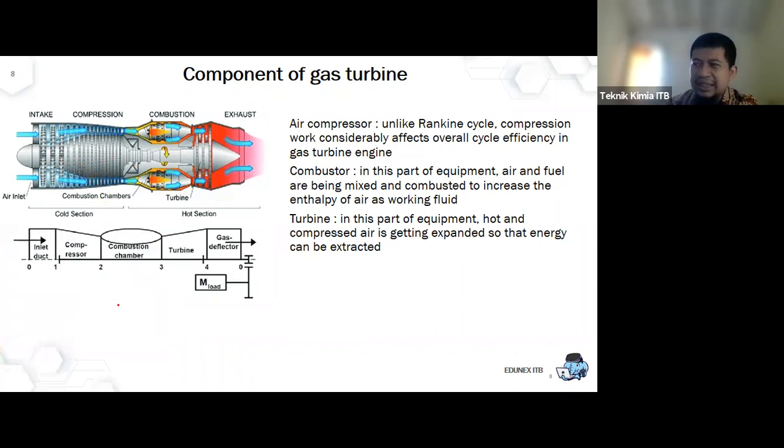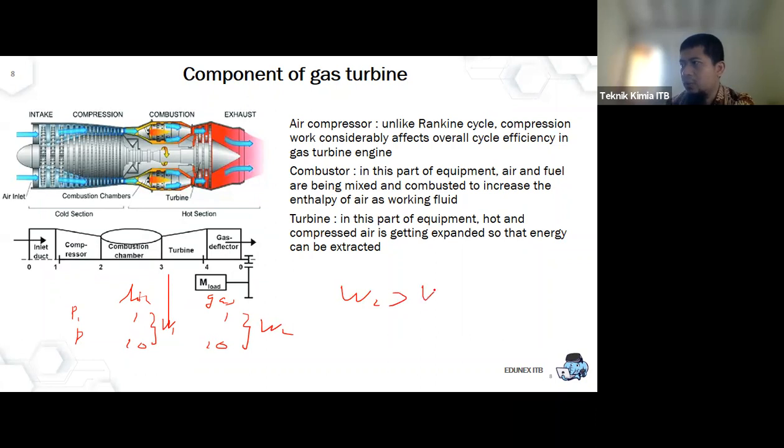When you increase the pressure, maybe this is the liquid, this is the gas, you want to have P1 maybe 1 bar, and then P2 here 10 bar, and this work is work 1, and this one is work 2. In any application of compression, work 2 is always much bigger than work 1. So it's more difficult to compress compressible fluid, seriously.